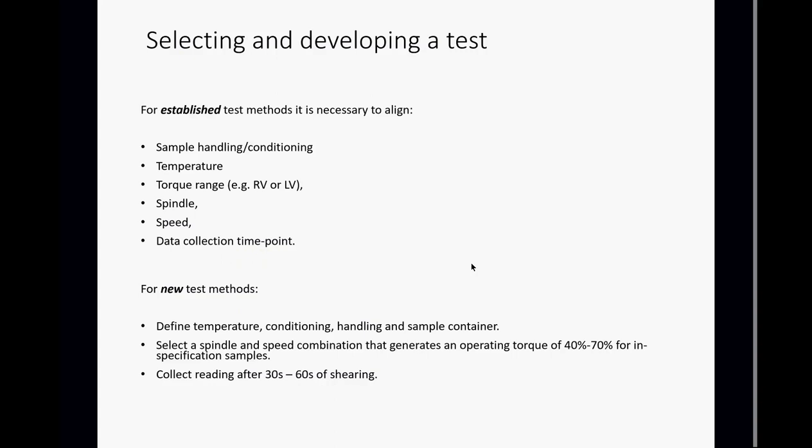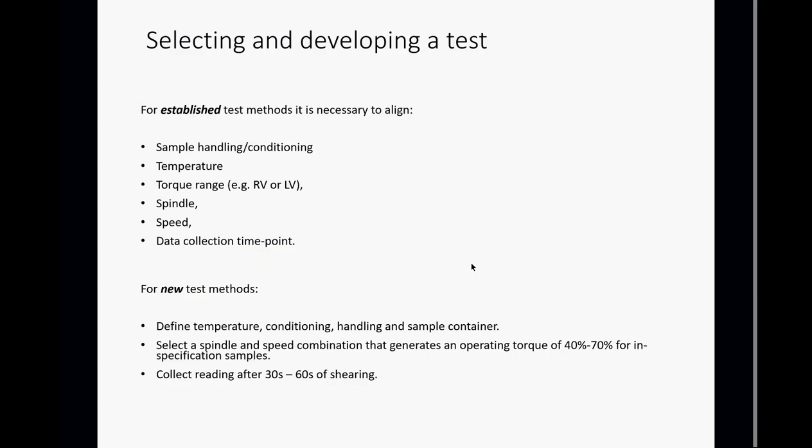And what we're typically doing there is we need to look at the temperature and the conditioning, the preconditioning of the sample before we take the measurement. And then we need to select a test method that's going to drive the viscometer more or less in its middle range. So there's a sweet spot of torque of around about 40% to 70% for samples that are in the middle of the spec. And this is a good range to go for here.